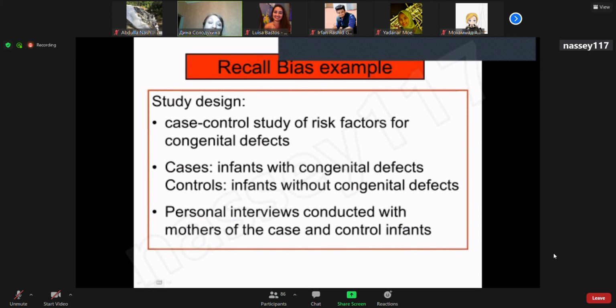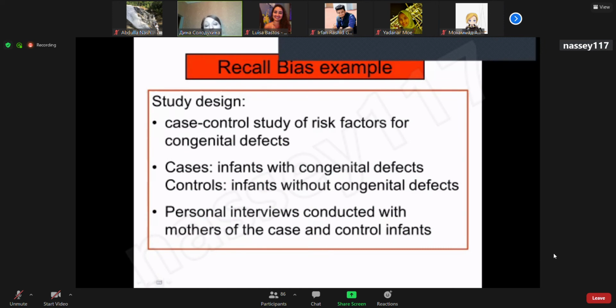And we conduct personal interviews when we try to ask and find out from mothers what kind of risks they had in the past. So recall bias means that the subjects sometimes remember the previously happened exposures in a different way.